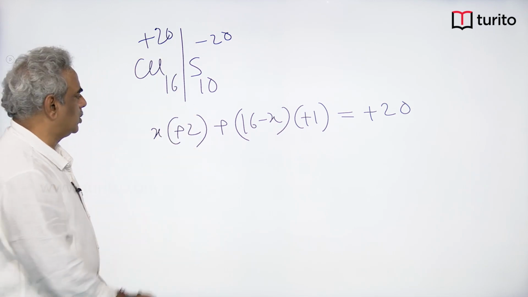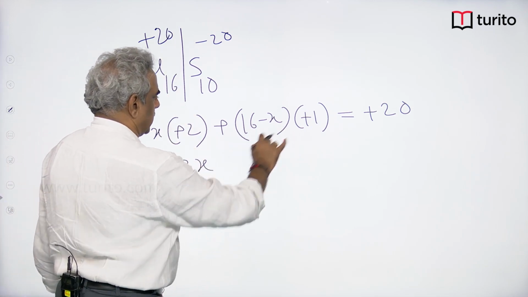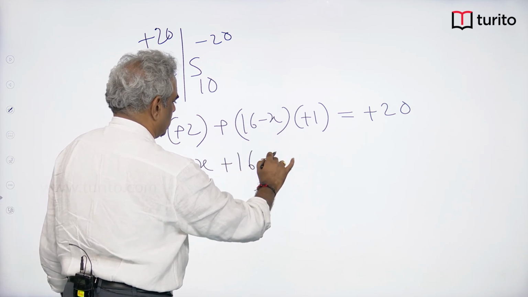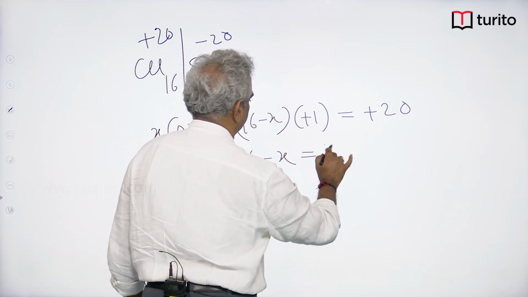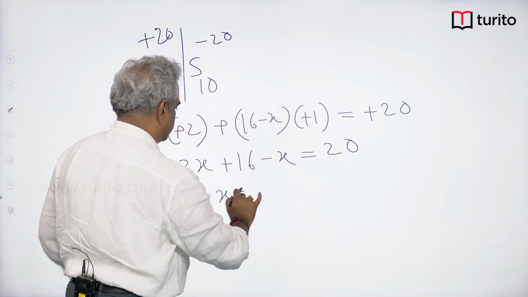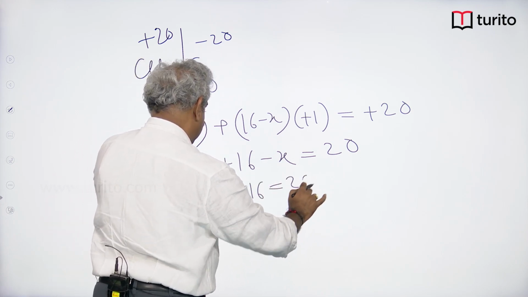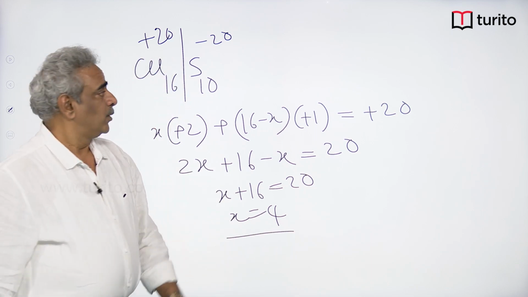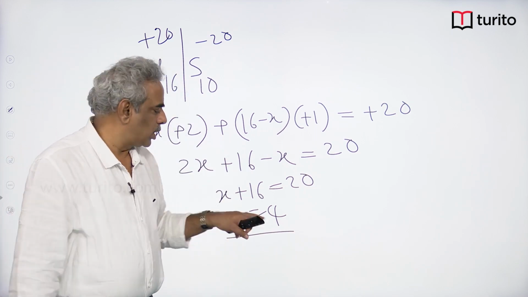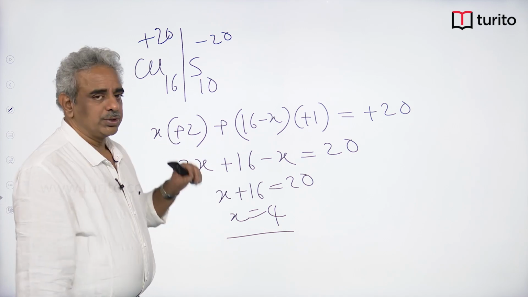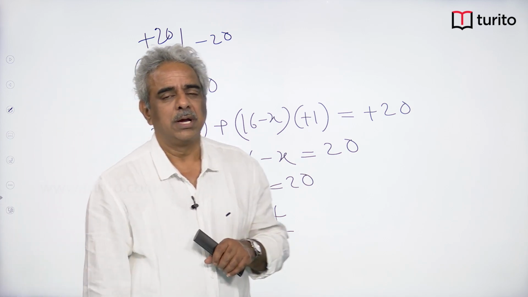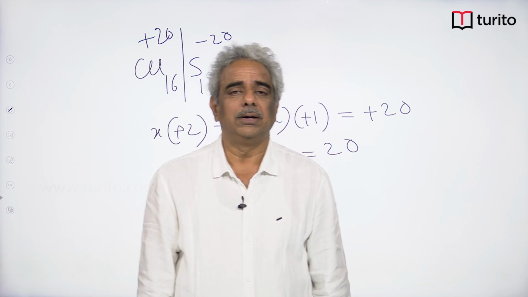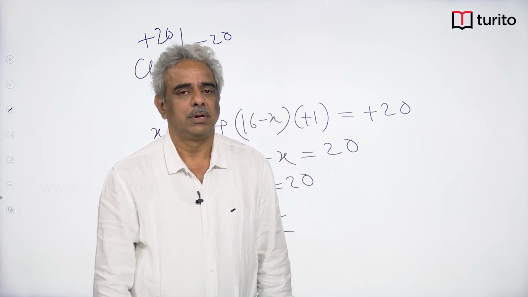So, we can work out 2x plus 16 minus x is 20. So, x plus 16 is 20, x is equal to 4. What do you understand? Out of 16 coppers, 4 are in +2 state, cupric ions, and 12 are in +1 state.